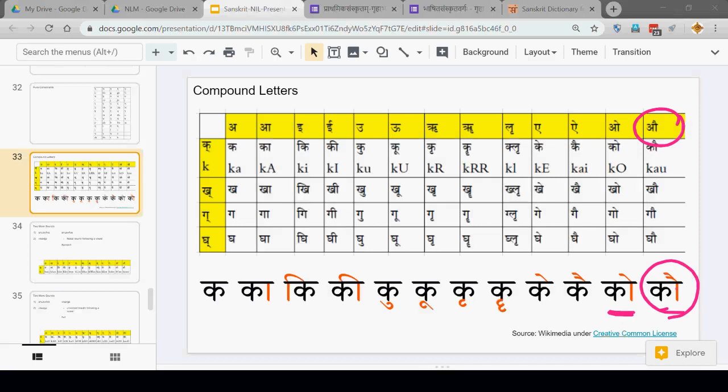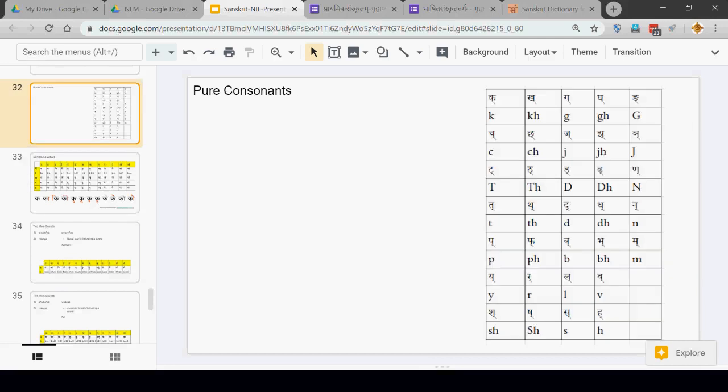One vertical line after the base symbol, and then two slant lines above touching that added vertical line. That makes it cow. Add one vertical line and two slant lines at the top touching that vertical line, cow.